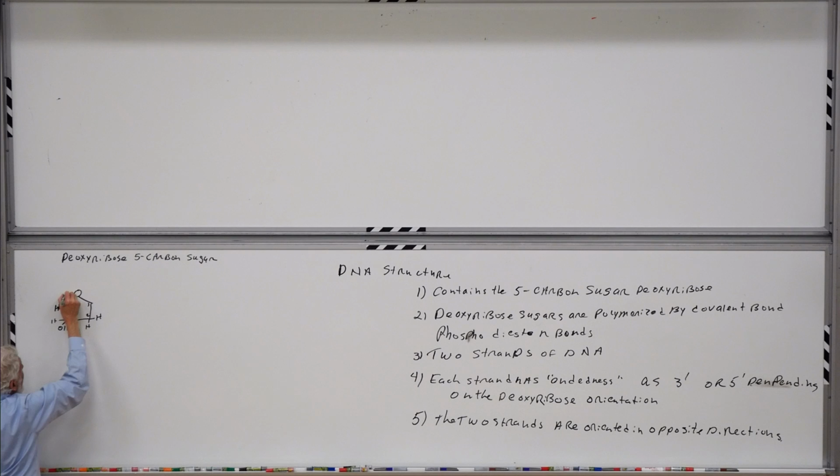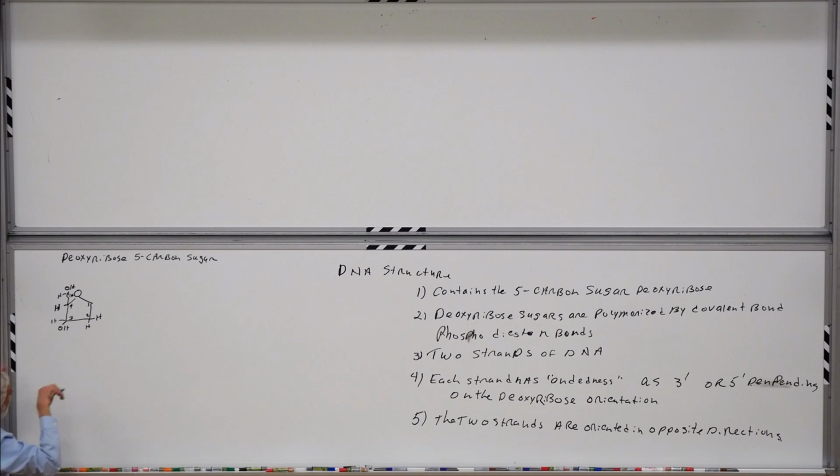And the number 5 carbon has a hydroxyl and two hydrogens. So what you need to recognize from this is it's a 5-carbon sugar, and that the 5-carbon sugar of deoxyribose lacks the hydroxyl at the number 2 carbon. That's what makes this deoxyribose.